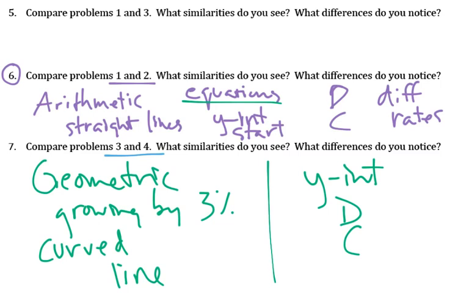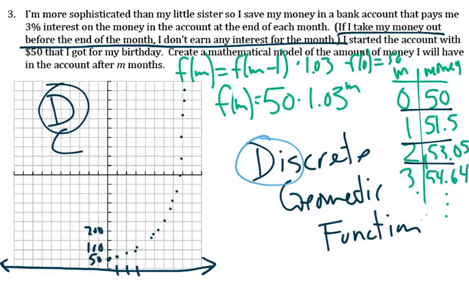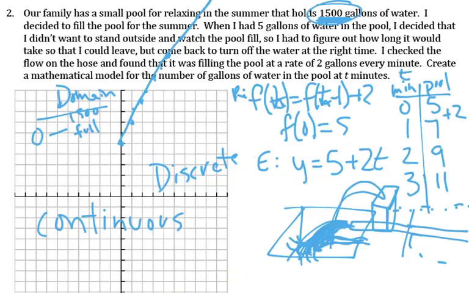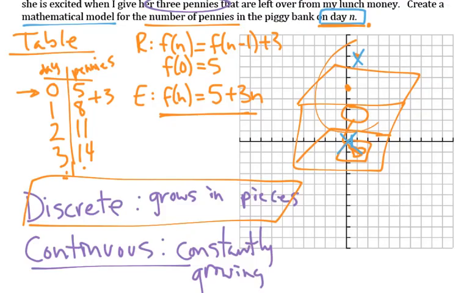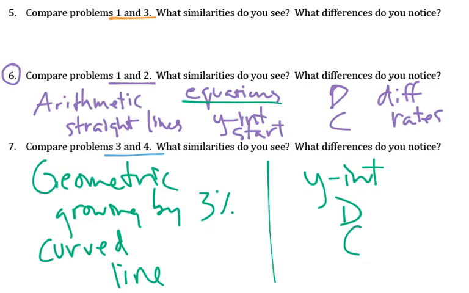Now, look back at number 5, problems 1 and 3. Well, 3 was discrete, same way with 1. So they were both discrete. That was a similarity. Anything else? Okay, differences. Well, one was arithmetic, one was geometric. So their lines were different.